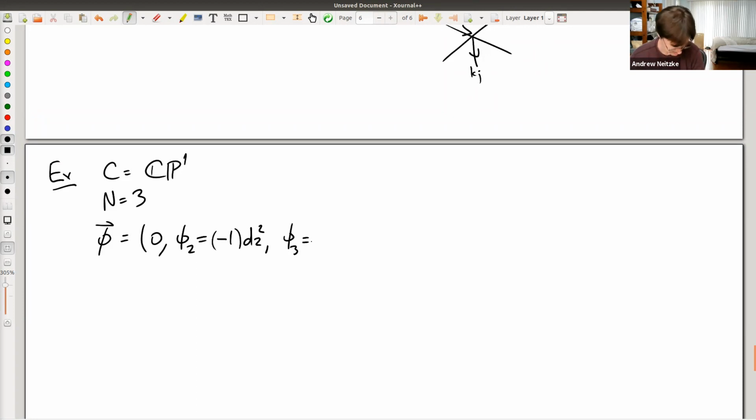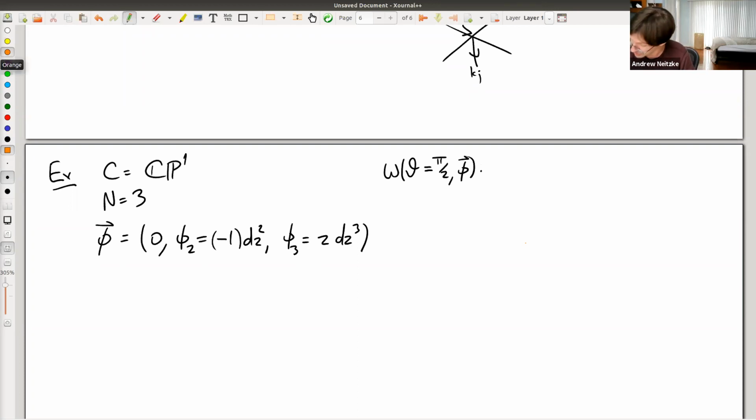And then for phi3, the cubic differential, I'll take z dz cubed. And let me just draw what the picture comes out to be in that case. So here's the picture, I think this is the picture at theta equals pi over 2. And I'm going to draw it by hand just so I can label all the objects.